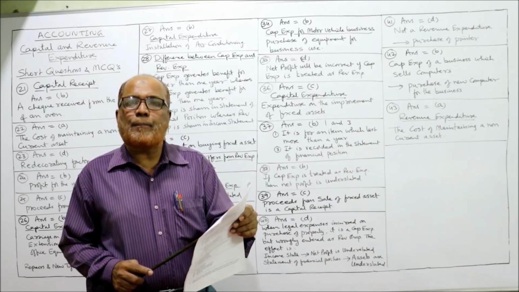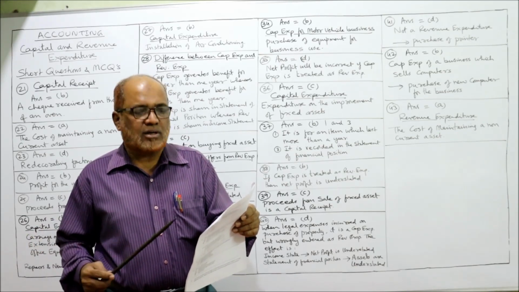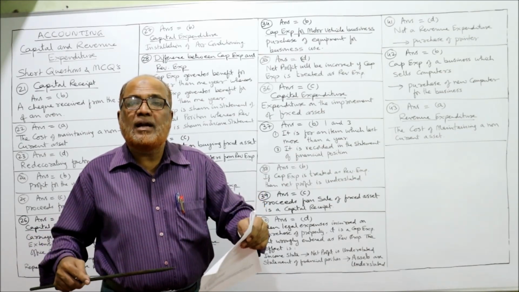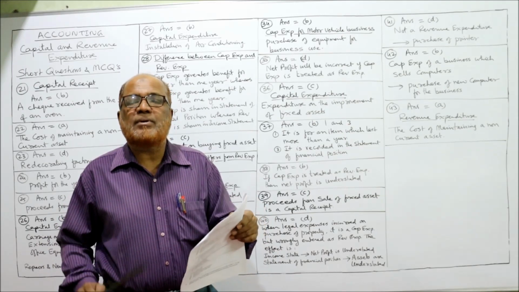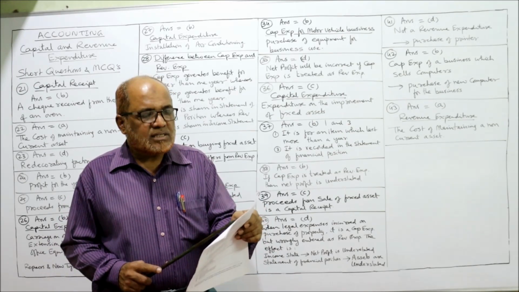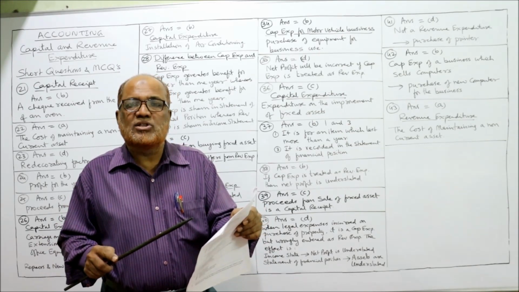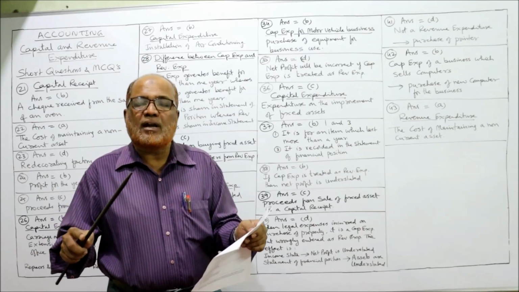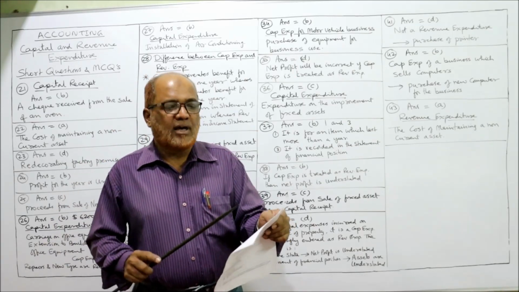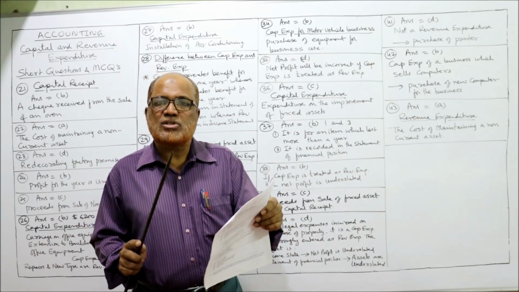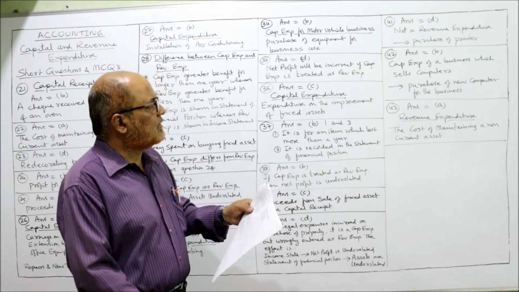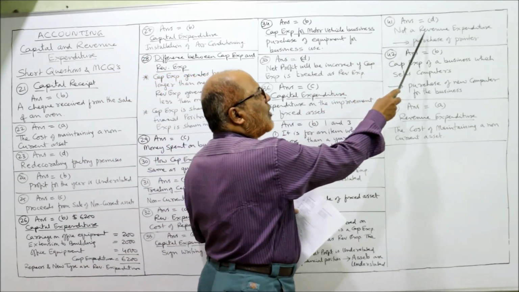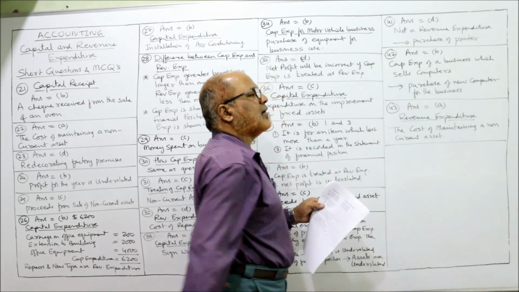Then purchase of paper, it's a revenue expenditure. Purchase of a printer is a capital expenditure. So it is asking you which is not a revenue expenditure. The purchase of printer is not a revenue expenditure. Remaining three are revenue expenditures. So answer is D. 41 answer is D. Not a revenue expenditure, purchase of printer.